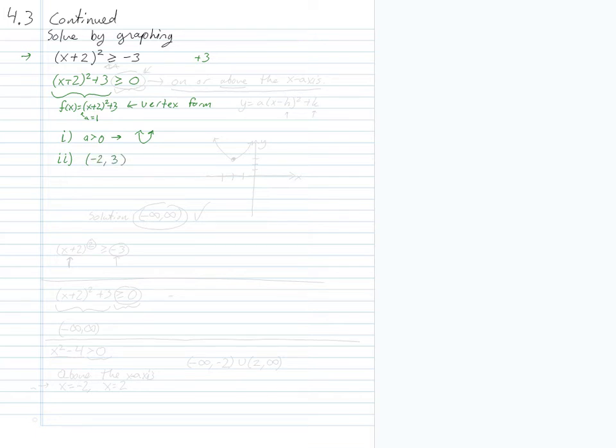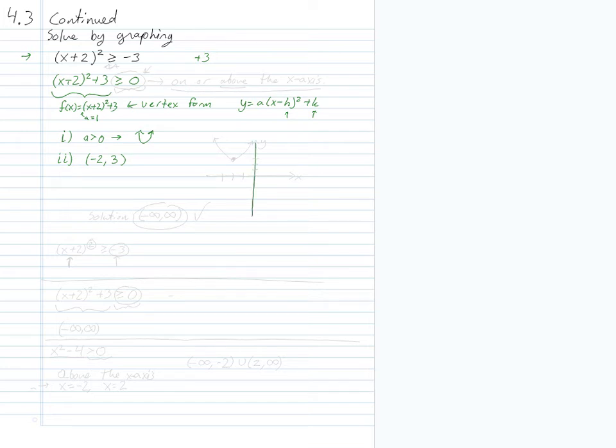So refer back to section 4.2 if that is a strange idea, but that is the nice thing about vertex form. Vertex form, y equals a, x minus h squared plus k. We can pick out h and k immediately if we know what we're looking at.